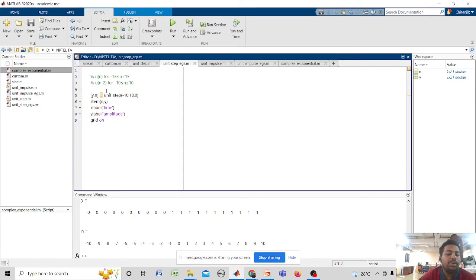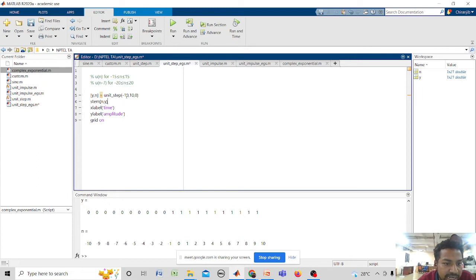Okay, but we want a shifted value. So what we do is, let us consider we want to plot u of n minus 7 and ranging from minus 20 to plus 20. So this is the graph which we want to plot. That's a shifted unit step.